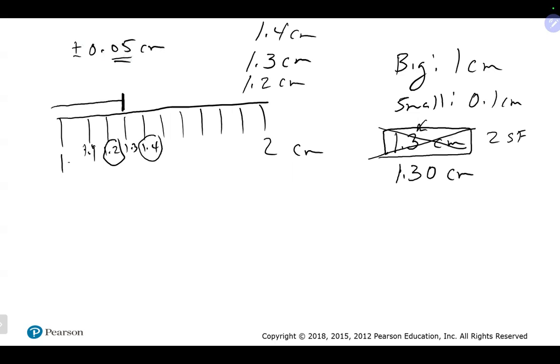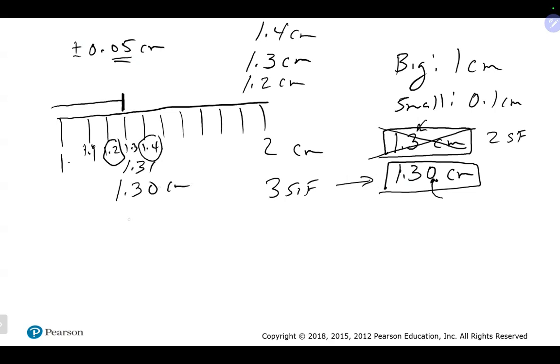And that means that we would want to do this one, which has how many significant figures? 3. The uncertain number here would actually be the 0, right? And basically what that says is, I think it's 1.30, but maybe it's 1.31 centimeters, maybe it's 1.29, which is pretty much what we are seeing on this particular scale.